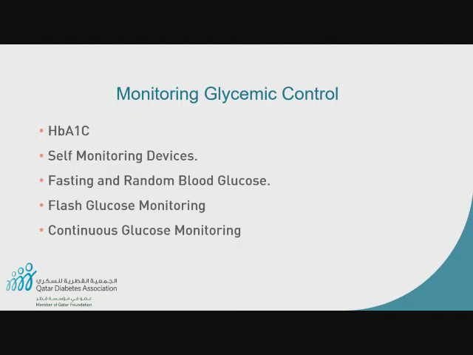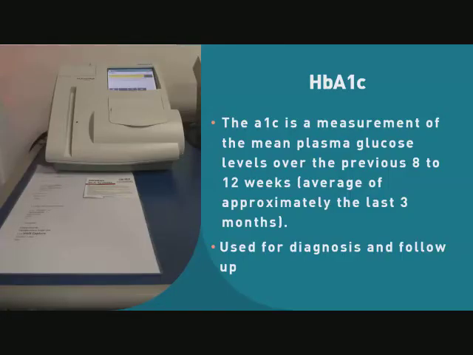So let's start with the HbA1c test. The HbA1c test, or some people call it only the A1c, is the mean of the plasma glucose over the past 3 months. So it gives us a general picture about our blood glucose in the past 3 months.